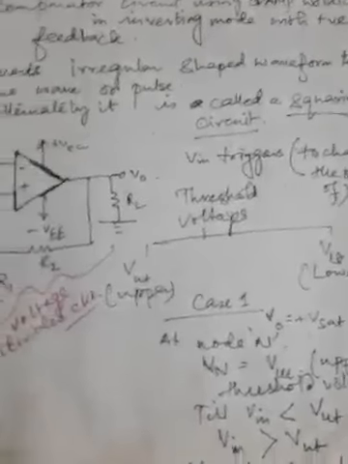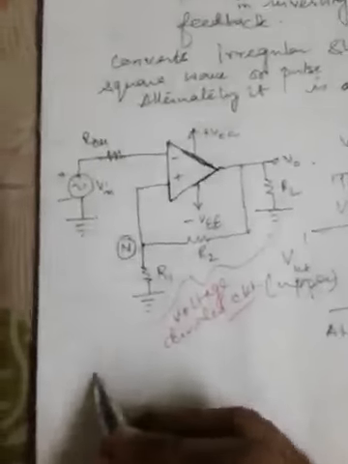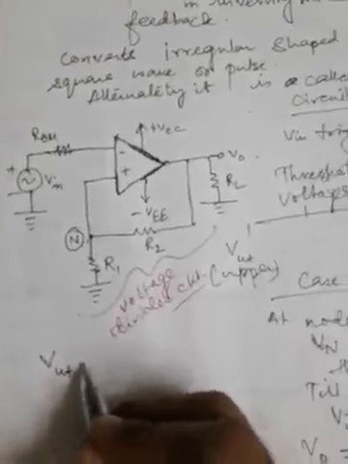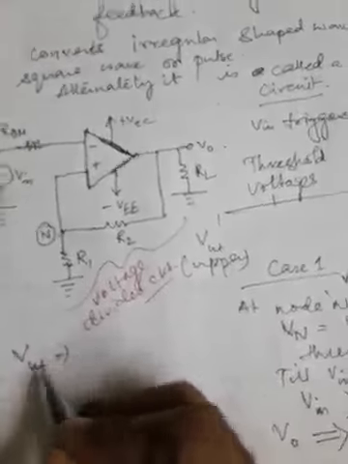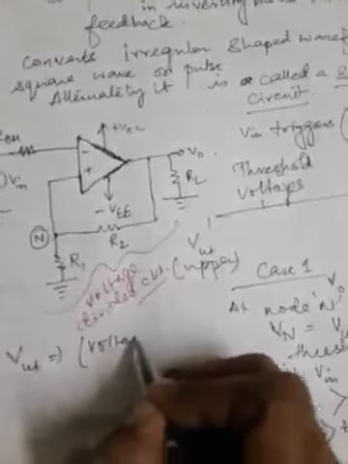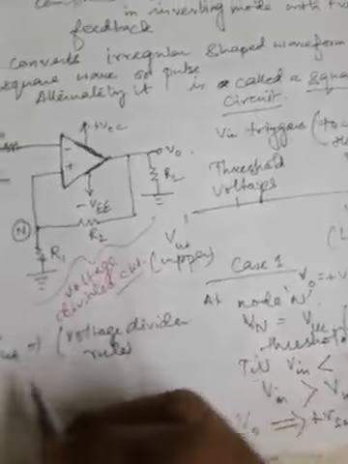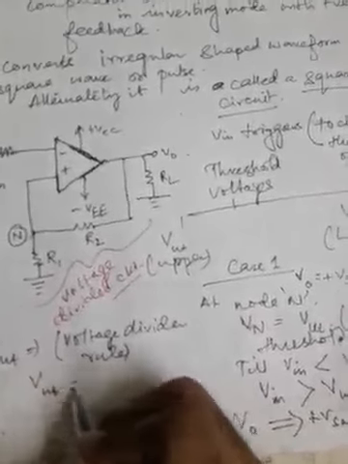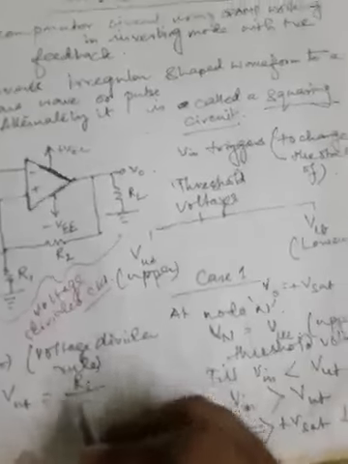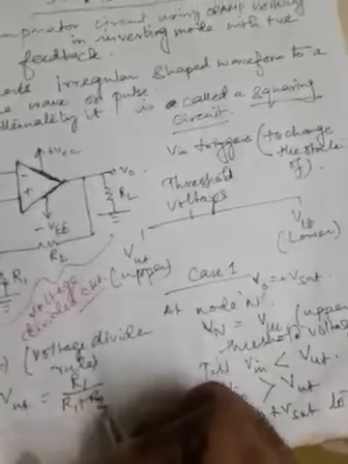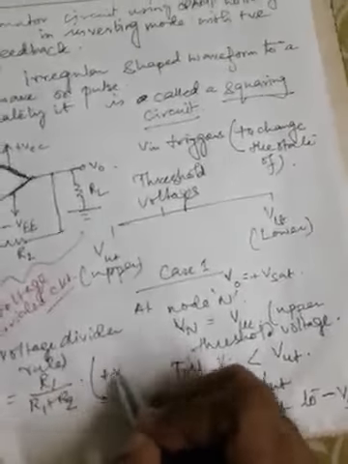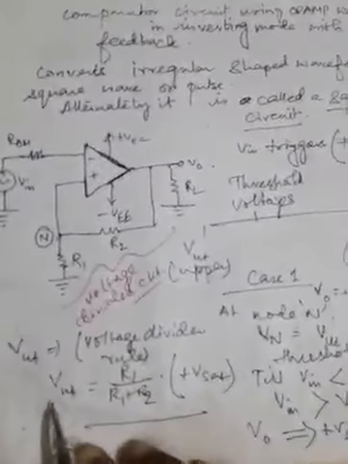Now if we want to find the value of the upper threshold voltage VUT, using the voltage divider rule, VUT is equal to R1 by R1 plus R2 into plus Vsat. Very simple, because it is derived from the output voltage which is at plus Vsat, and from there using this potential divider circuit we are getting VUT.